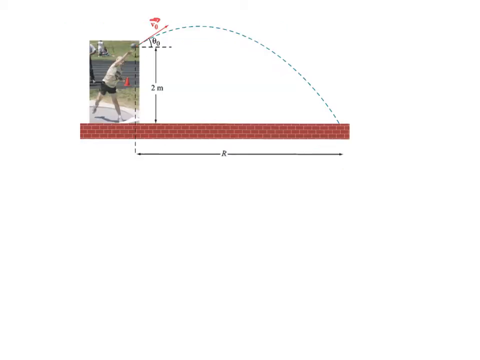So to solve for the time of flight, we just have to notice that, again, in the y direction, the shot put is going to undergo accelerated motion in the downward direction of 9.8 meters per second squared. So the y coordinate as a function of time, just in general, we can write as its initial y coordinate plus the initial y component of the velocity times time minus 1/2 g t squared.